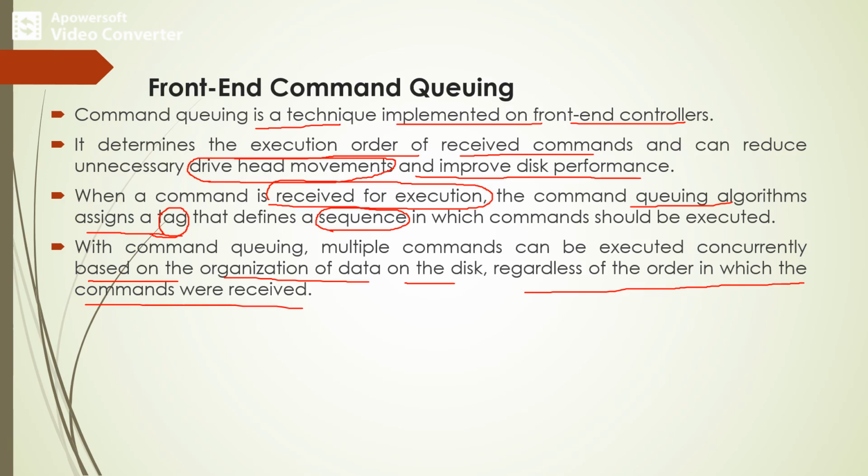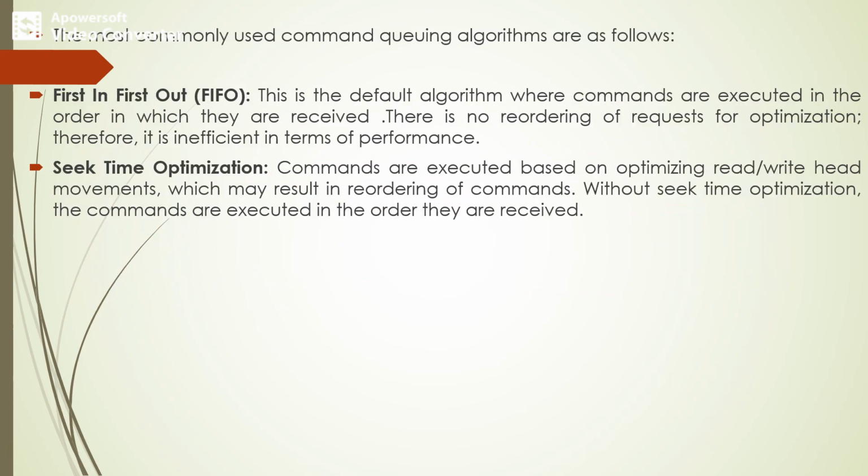We are not considering the order in which the commands were received. Instead, the command queuing algorithm assigns a tag, which defines the command execution sequence. We are using two command queuing algorithms.